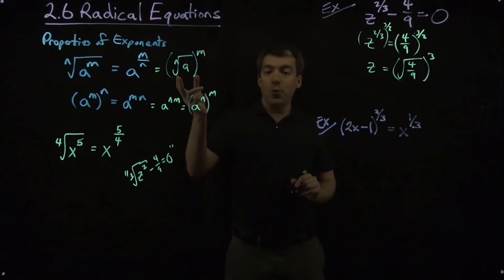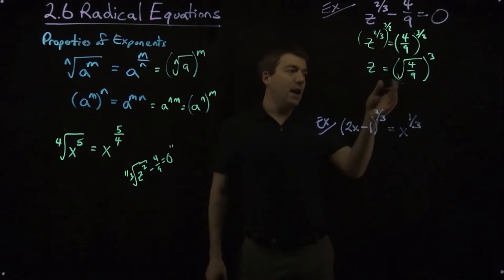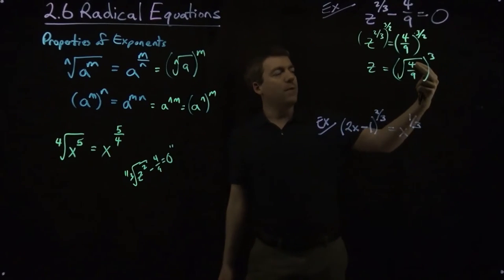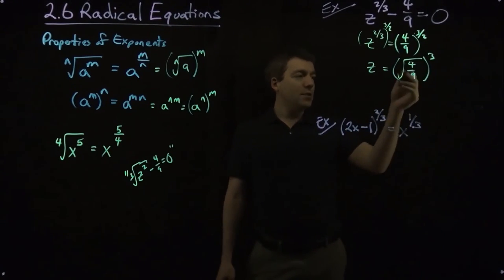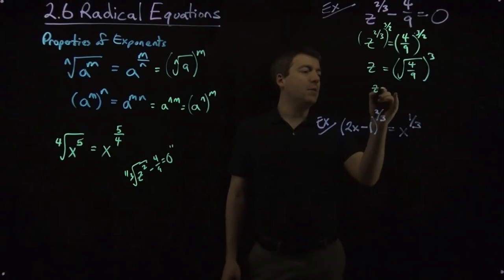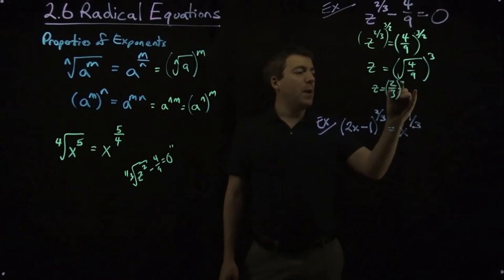Sometimes it's more advantageous to take the root first and then the power second, as it will here, because we notice both 4 and 9 are squares. So the square root of 4/9 is 2/3. I'll raise that to the third power.